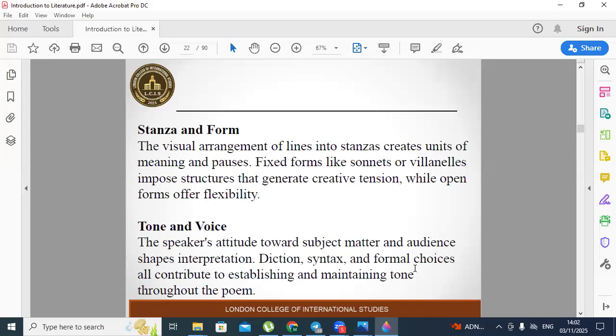Diction, word choice, syntax, sentence structures, and formal choices all contribute to establishing and maintaining a tone throughout the poem. Voice is the distinctive personality that emerges from these choices. You can often identify a poet by their characteristic voice.